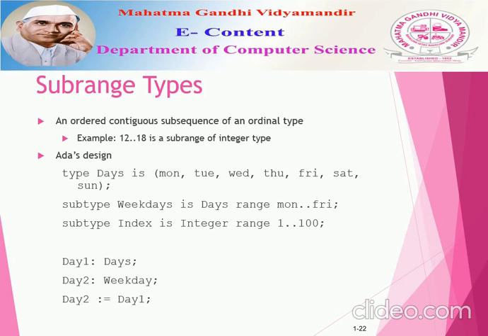In this example, the restriction on the existing type is the range of possible values, and all the operations defined for the parent type are also defined for the subtype, except assignment. The assignment is legal unless the value of Day1 is a Saturday or Sunday.